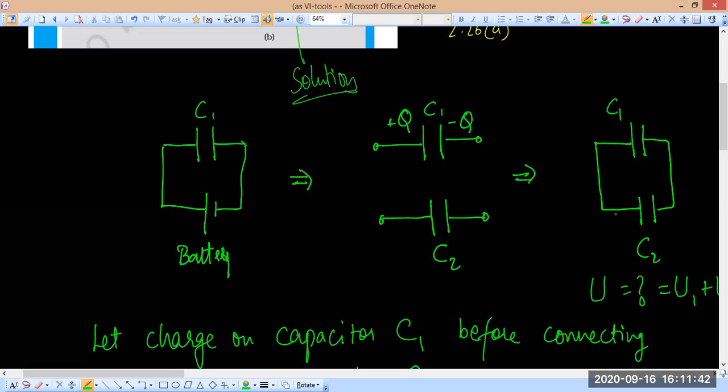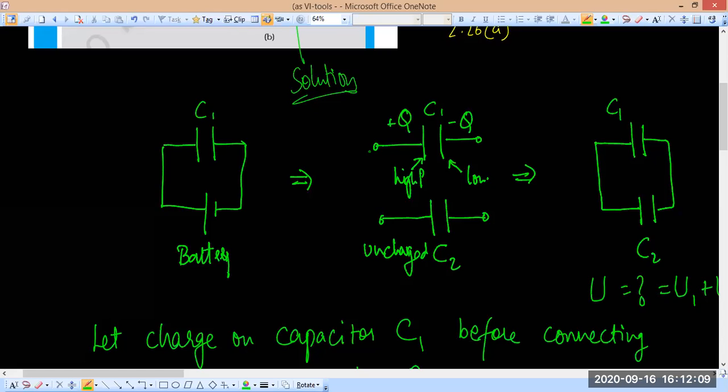When you connect it like this, the charge will be redistributed. The reason for that, in short, is that this plate is at higher potential and this plate is at lower potential. Because this second capacitor was uncharged, right?